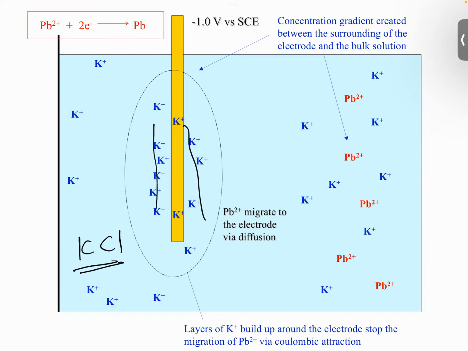Layers of potassium build up around the electrode and stop the migration of Pb2+, which we do not want. We want plumbum 2+ to be measured. So this is an issue you have to take care of.